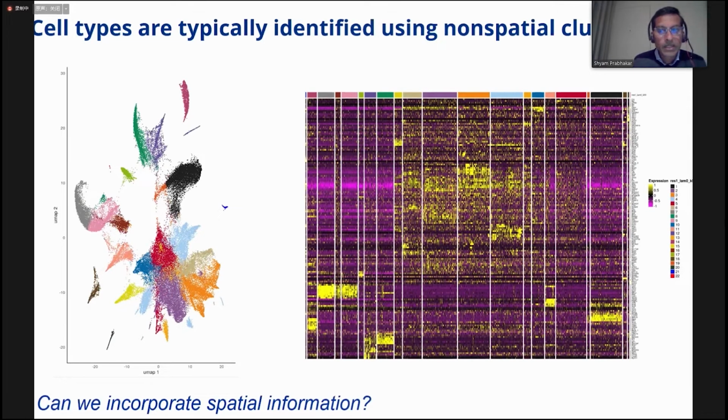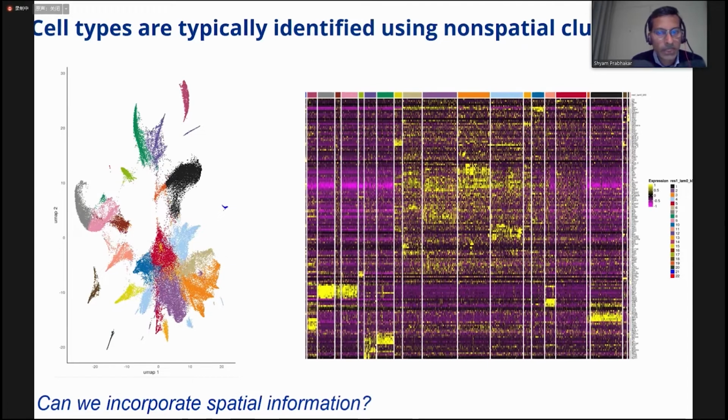Either way, it's clear that there is information in the spatial arrangement of cells, right? So if we want to identify tissue domains, or cell type clusters, we should be able to get better results if we incorporate spatial information intelligently. And I won't get into why I said the word intelligently or appropriately.